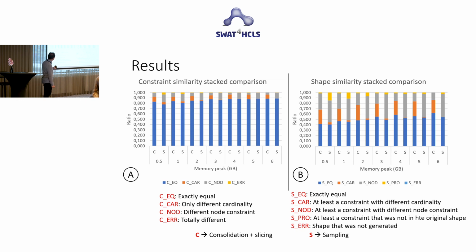Our approach is this, and the light bar is the sampling approach. If we compare the results for consolidation and sampling, the consolidation result is more reliable and reflects the entire RDF shape baseline.